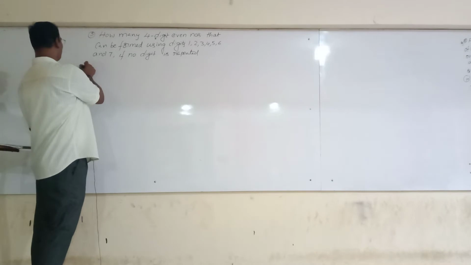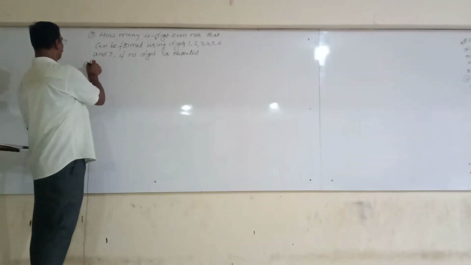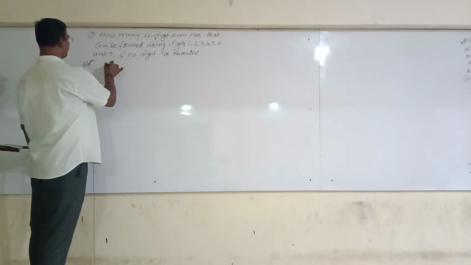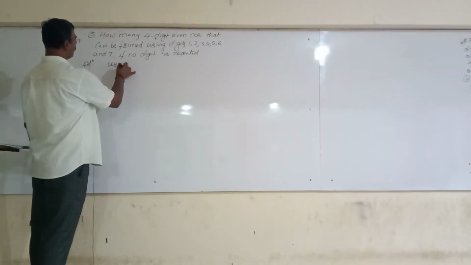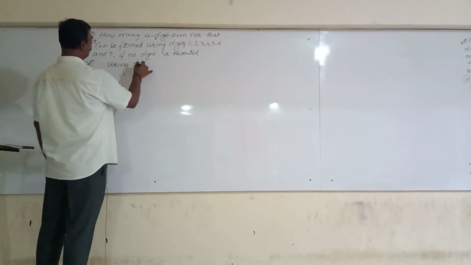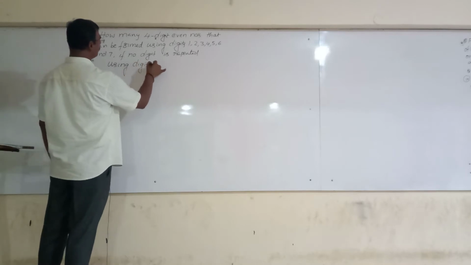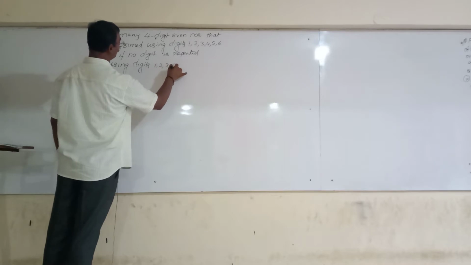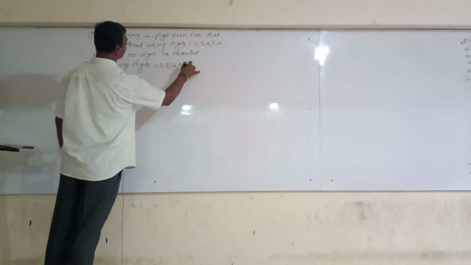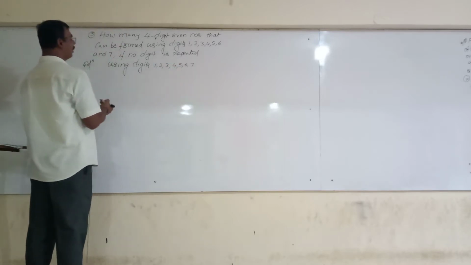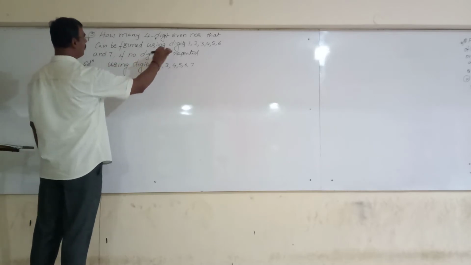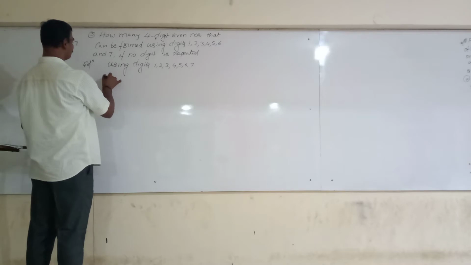So to solve this problem, firstly we have to take the given digits 1, 2, 3, 4, 5, 6, 7, with no digit repeated, and form 4-digit even numbers.